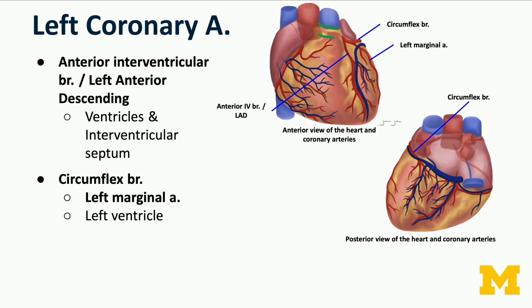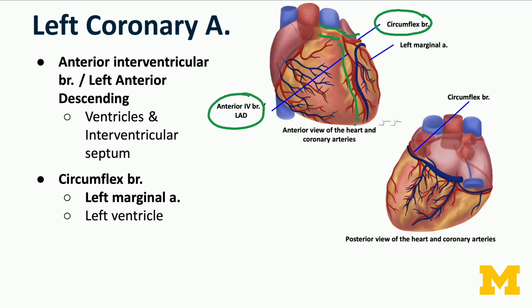In 4 out of 10 people, there will be an SA nodal branch, but in most individuals, that LCA is going to quickly bifurcate into a circumflex branch and an anterior interventricular branch, also known as the left anterior descending artery, the LAD. That can be found in the interventricular sulcus there.